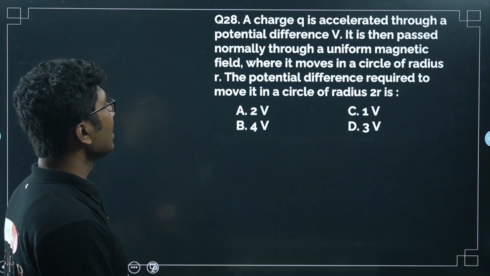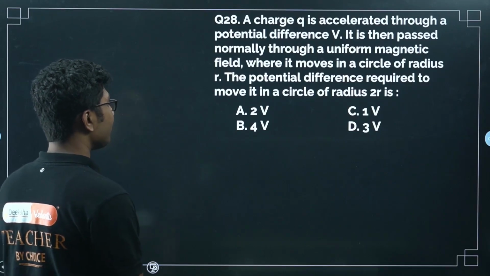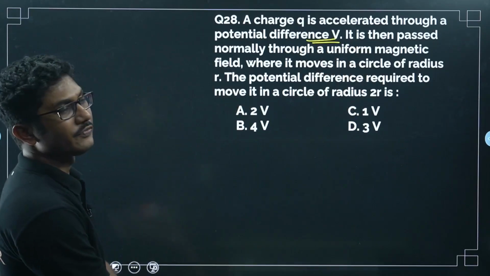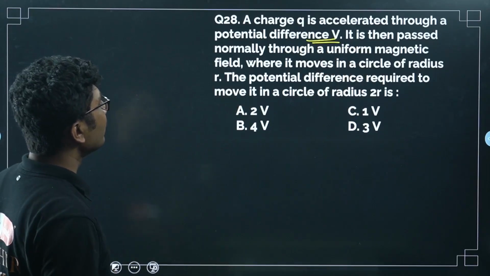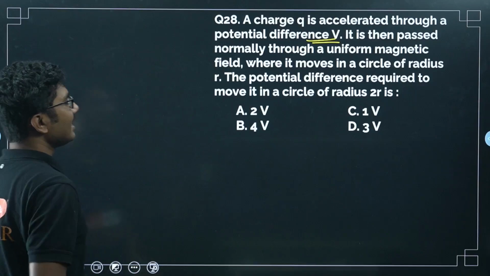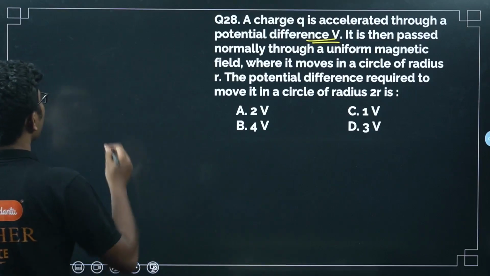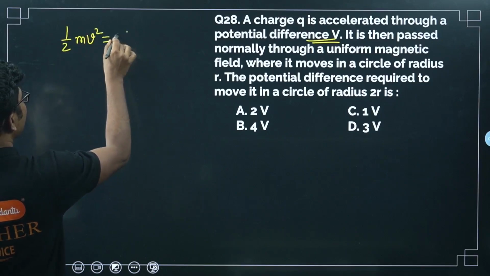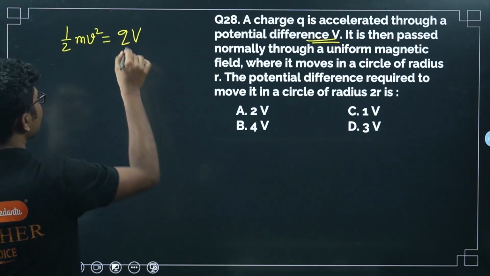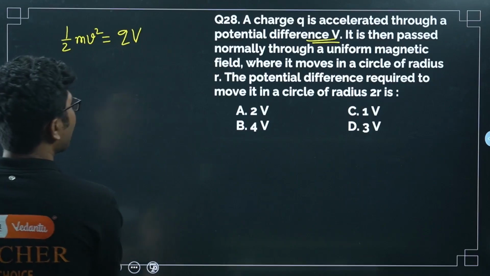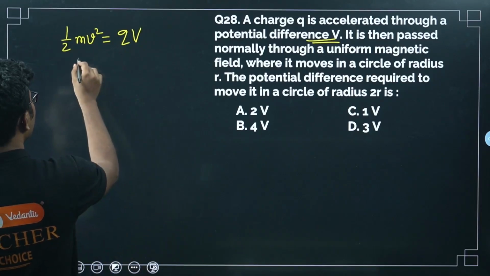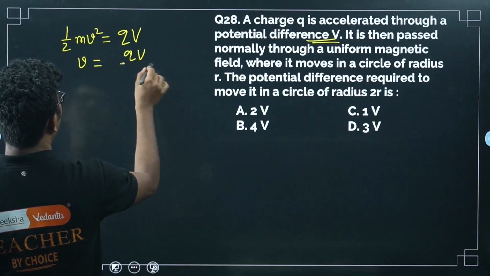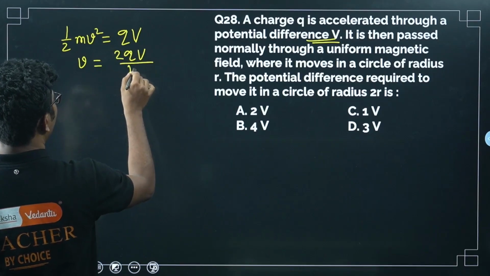So a charge Q accelerated through a potential difference V. The potential difference itself is given, and we know that the kinetic energy is given by half mv square. That should be equal to Q delta V, that is QV in this case, right?